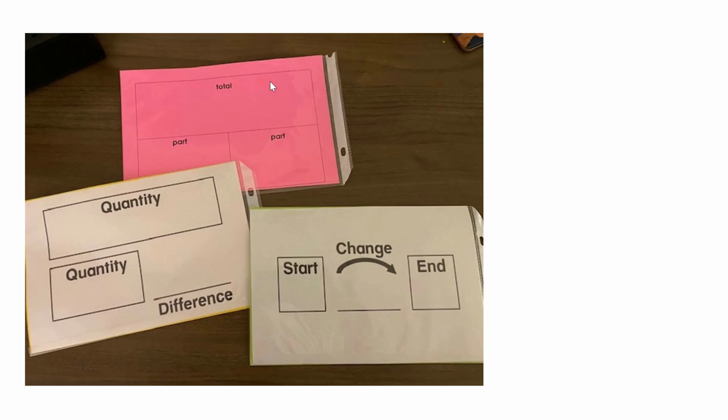So as students are trying to solve it, they may start with a part-total, but then recognize that it's actually a situation where it's a start unknown or a change unknown. So having these tools ready to go in a student toolkit, this is an example where they're slid into a page protector that's cut in half, and then they use a little felt piece and a dry erase marker so that they can do their thinking, erase it, and put it back inside their toolkit.